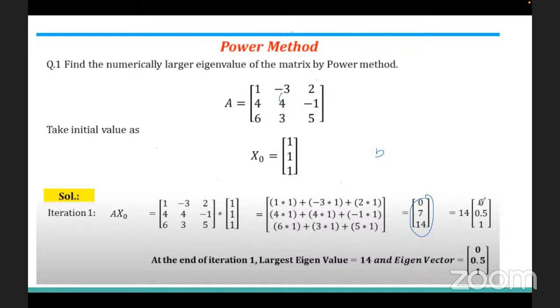These are multiples of 14 or multiples of 7. But because this is the highest, we want to make them multiples of the highest. So if we bring out 14, if you divide all of them by 14, that is factorization. Exactly, sir. If we factor by 14, we have 0, 0.5, and 1.